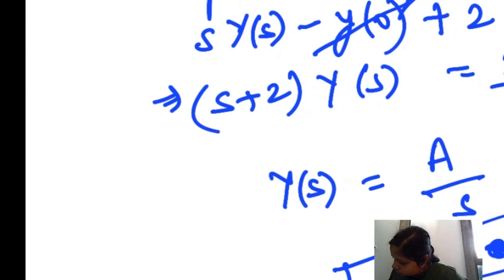Now if you take y(t), can someone refer to the table and tell me for what function in the time domain we had the Laplace domain as 1 upon s? Can someone tell from the Laplace table?